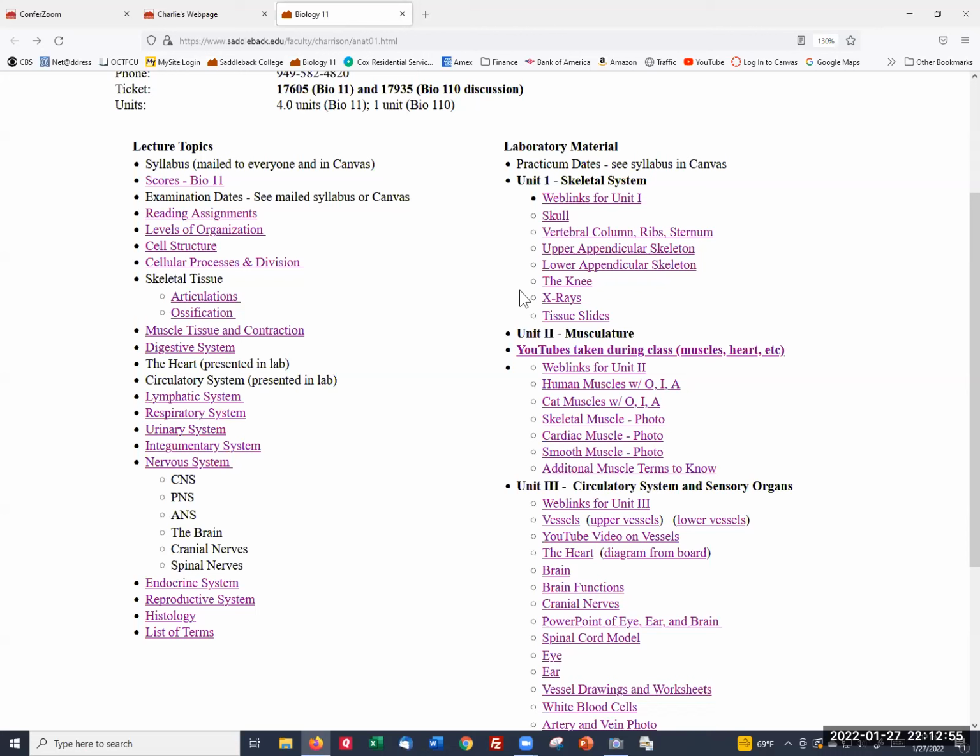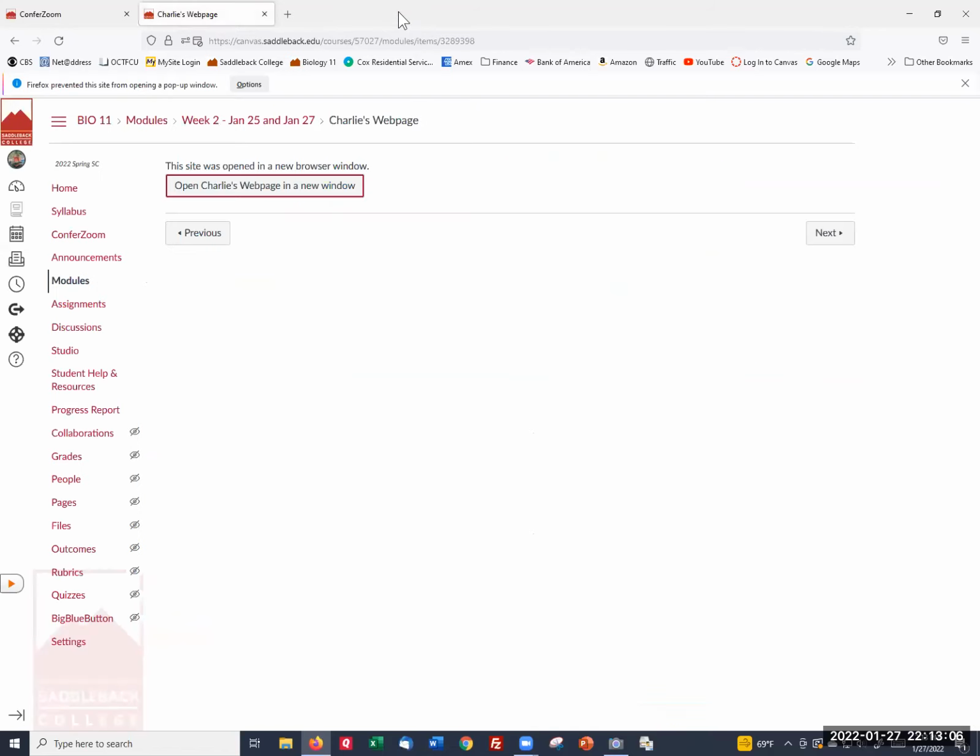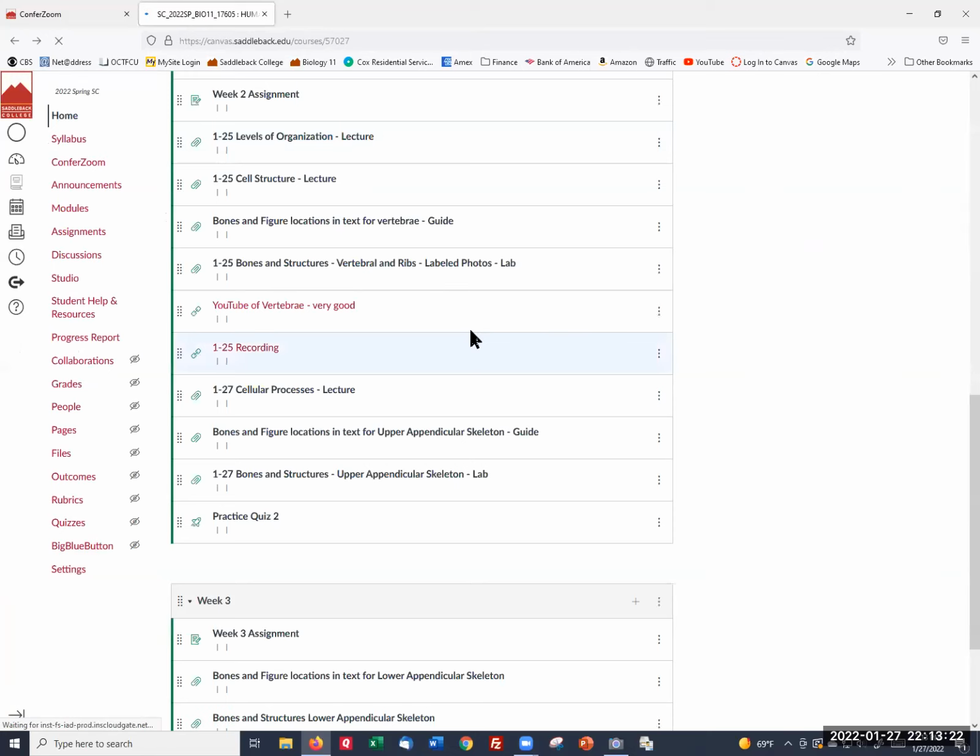The same thing will happen in the second unit, the third, and the fourth unit, which is farther down the page. With these links, you always have to click a second link inside of it to open up the web page. It's not an error page. It's just directing you elsewhere.